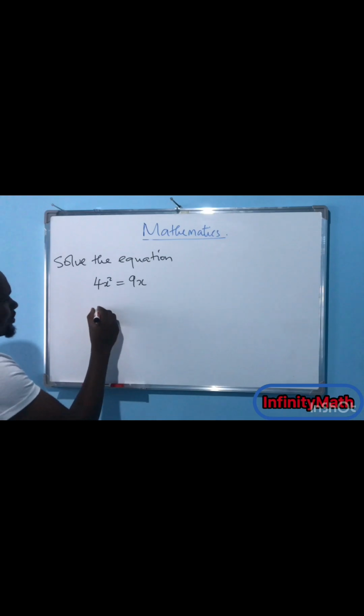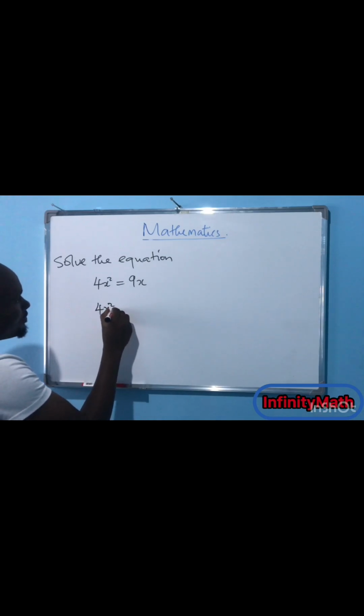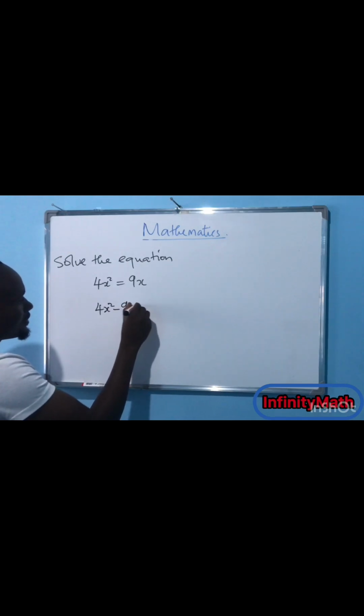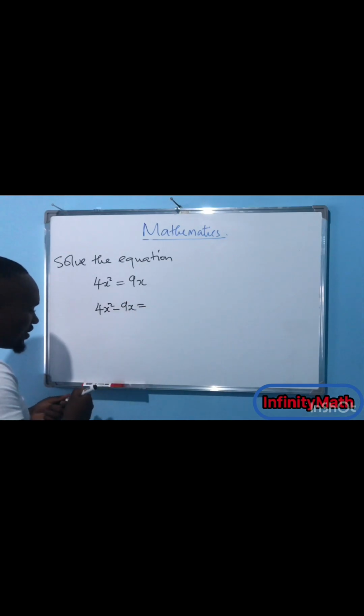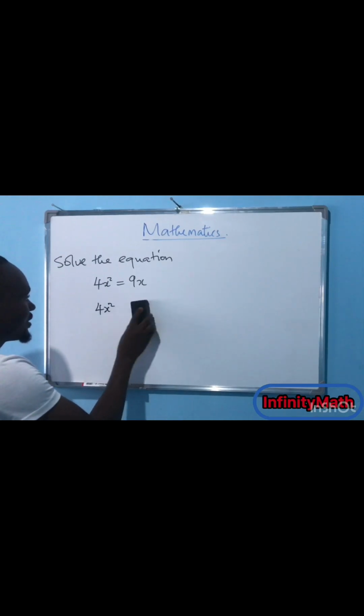So we have 4x squared minus 9x equal to, let me use a different color here, maybe red, for you guys to understand it better.